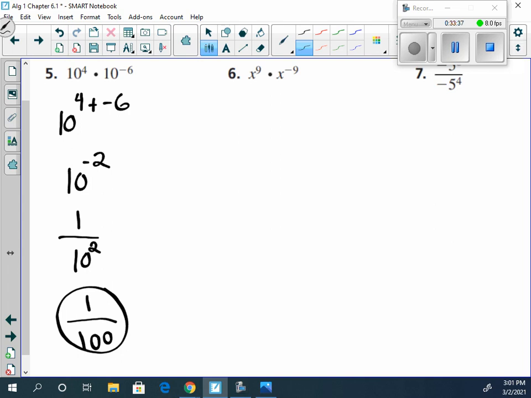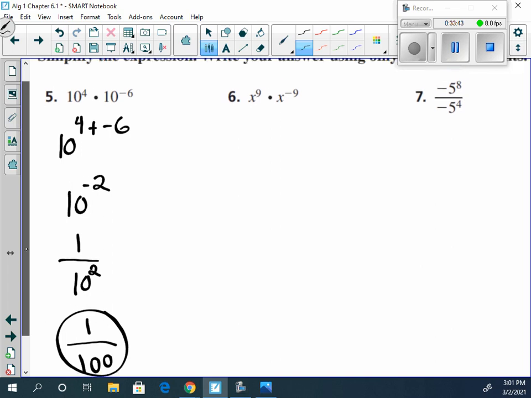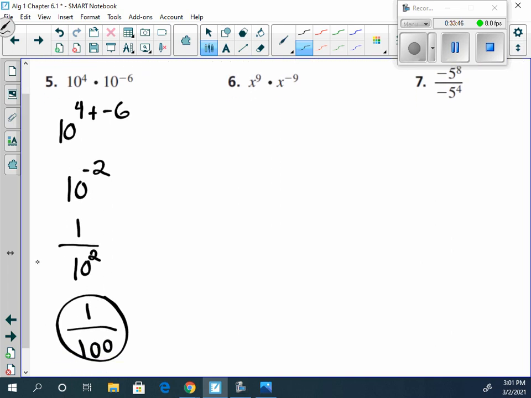So since it's asking for the answer in simplest form, simplify the expression. It's going to want you to simplify the numbers all the way down.